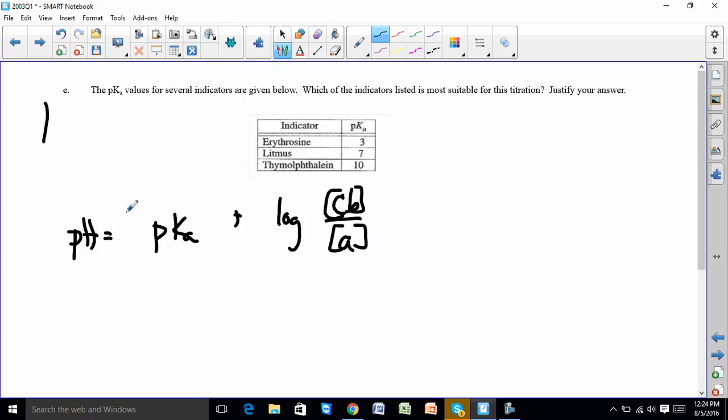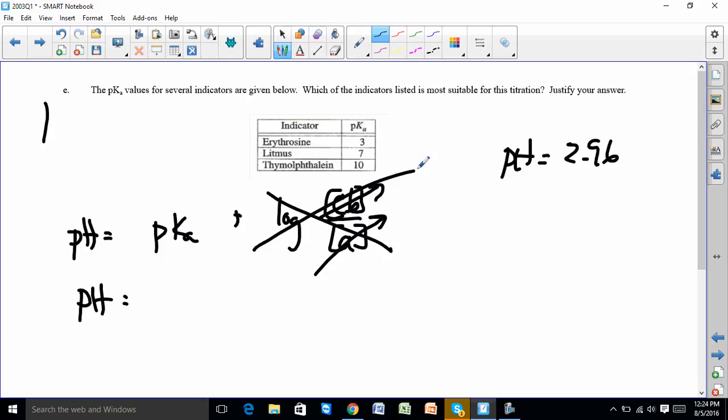keeping this in mind, pH is equal to pKa. Well, the pH at the equivalence point is 2.96. We're just going to ignore this because at the half equivalence point, the conjugate base and the conjugate acid are the same. The acid and the base are the same.